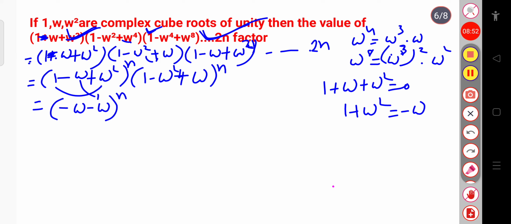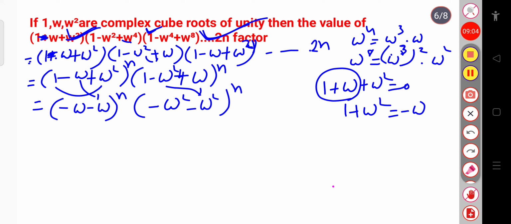And similarly here for 1 plus omega I can write minus omega square, and this term minus omega square whole power n I can write. So this will be equal to minus 2 omega whole power n, again this minus omega square becomes minus 2 omega square whole power n, okay?